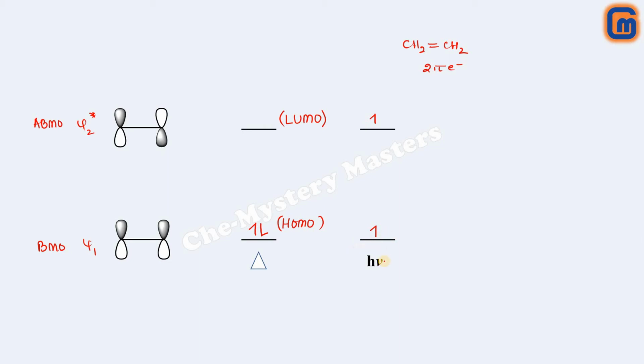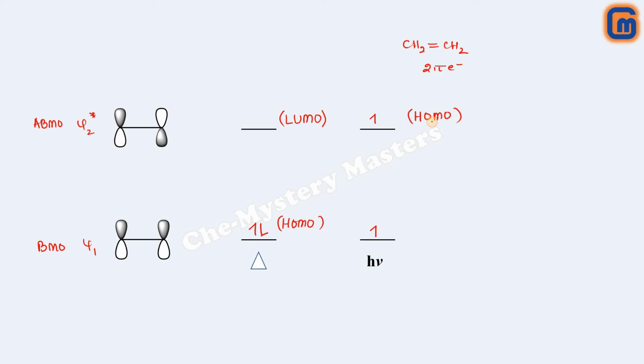Now if you talk about the hν condition, you can see that psi1 also has an electron, one electron is there, and psi2 star, the anti-bonding molecular orbital, also contains an electron. So psi2 star is also an occupied molecular orbital, but out of these two, this one is at the higher energy.